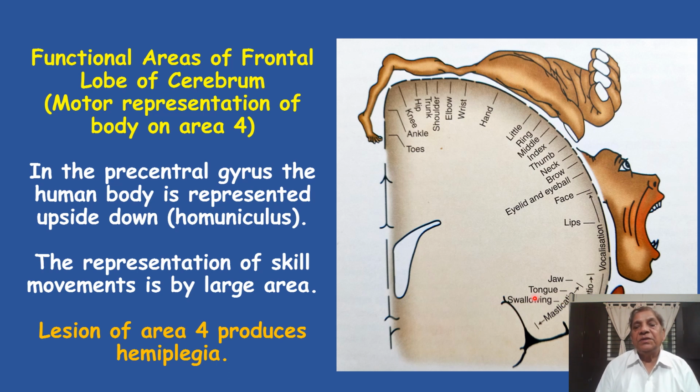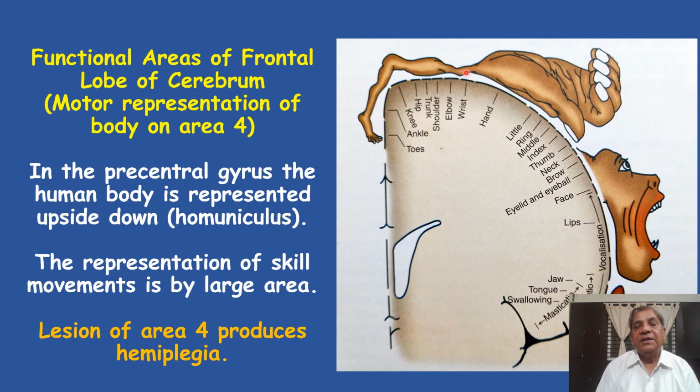On the lowermost part there is the musculature of the larynx and muscles of mastication. Then the face, the lip area, and a large area is devoted to that of the hand, that is to the fingers and to the thumb.